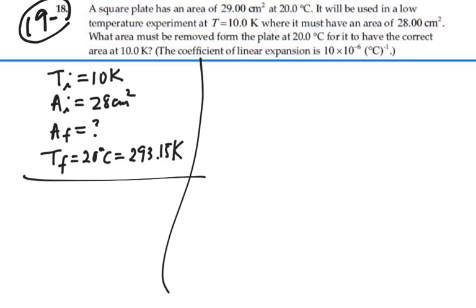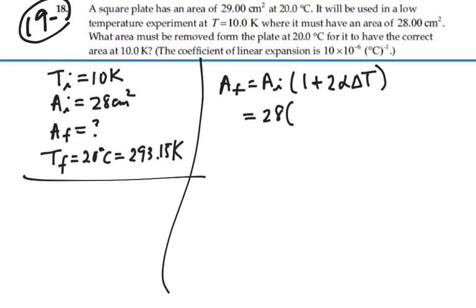Okay. So, our final area will equal our initial area times 1 plus, and then for our area expansion, it's going to be gamma, which is 2 alpha delta T. So our initial area is 28 square centimeters.